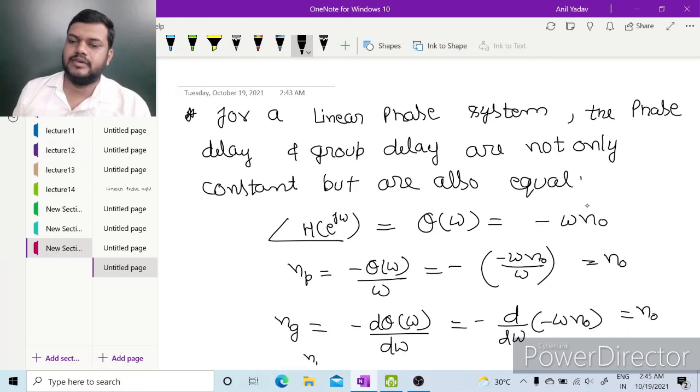Here phase delay and group delay are not only constant but are also equal. It means the given system is a linear phase system.